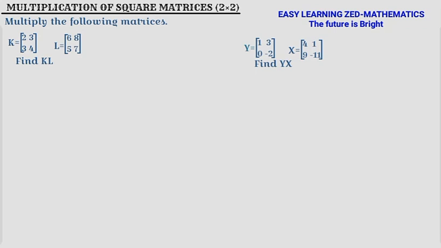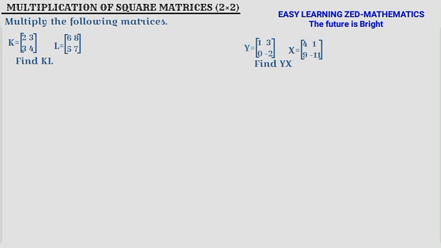Remember that when you multiply matrices in different orders, they give you different answers. So when you are given a specific instruction like KL, then we have to do that. If we interchange them, our answer will be different. So we don't interchange the instructions.